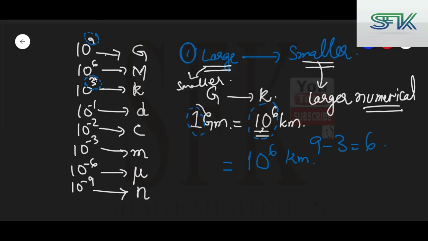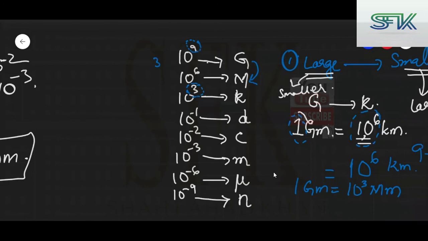Simple. Let's try another example. If I'm going from giga to mega, find out their difference. It's 3, right? 9 minus 6 is 3. If 9 minus 6 is 3, then 1 gigameter actually equals 10 raised to the power of 3 megameters, which is 1000 megameters. Simple. Do the same thing.